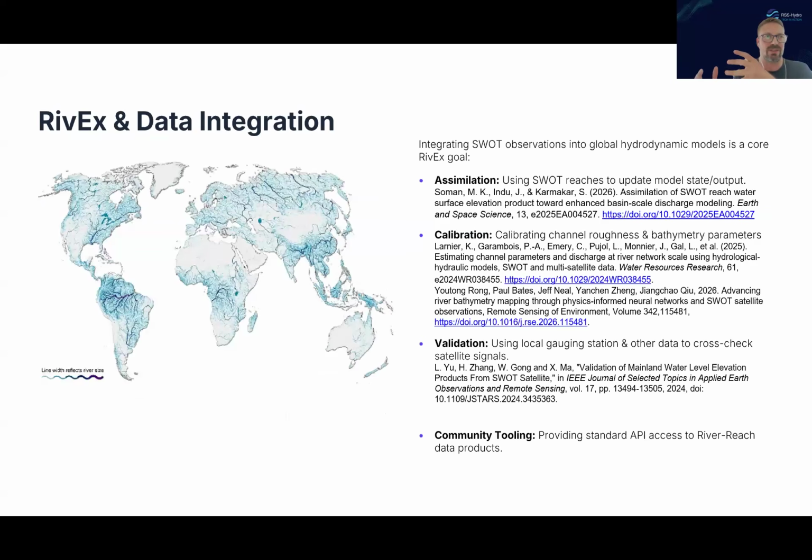How I structured this is I talk about RivEx and rivers first, and then I go into more flat stuff. I was truly amazed by how many papers are published. And you see, I only took papers from 2025 and 2026. So if you want to know the details, please read those papers, because I didn't want to make this too technical since I didn't know who the audience was.